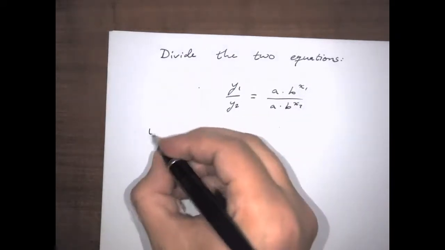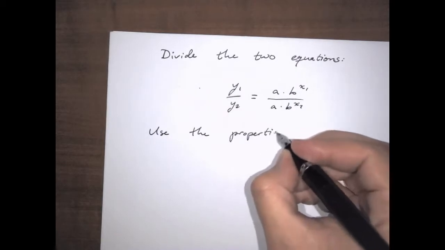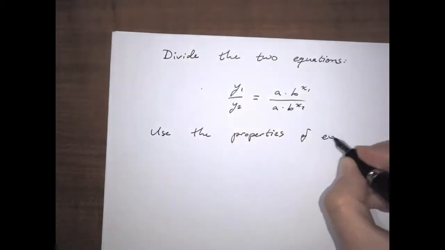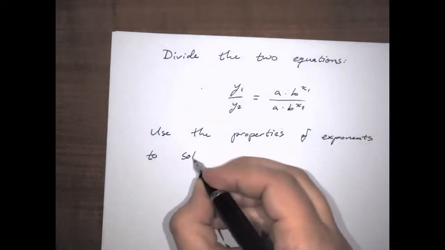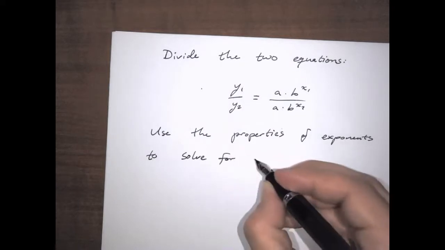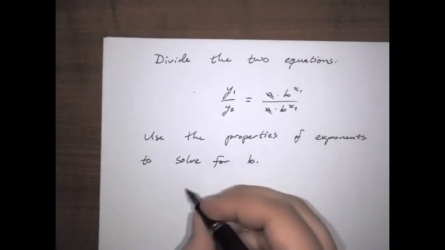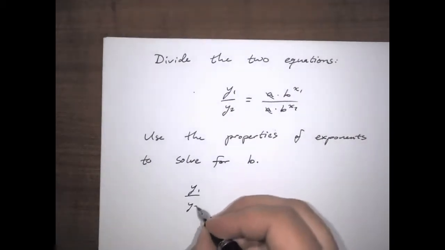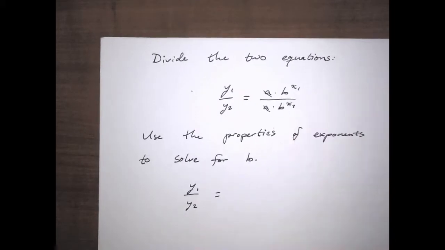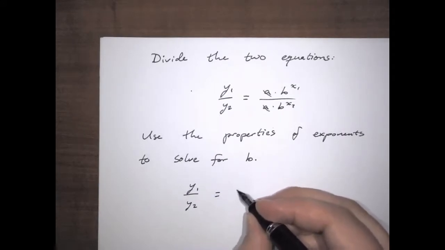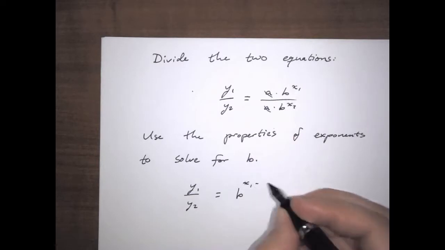And then use the properties of exponents to solve for b. So notice the a's are just going to cancel each other right away, and so we'll have y1 over y2 is equal to, now what we're doing is dividing two different exponential expressions with b, so that actually just has the effect of subtracting the exponents, x1 minus x2.